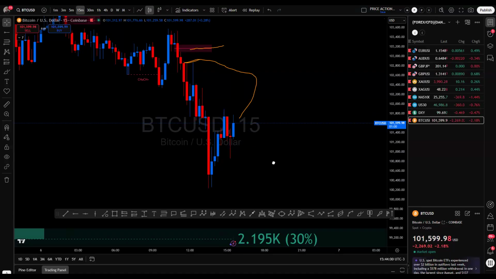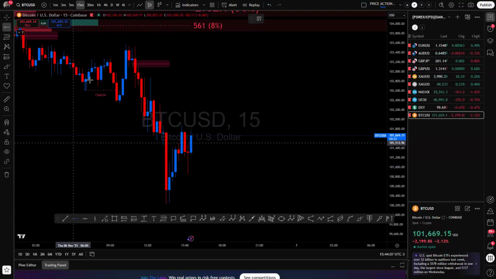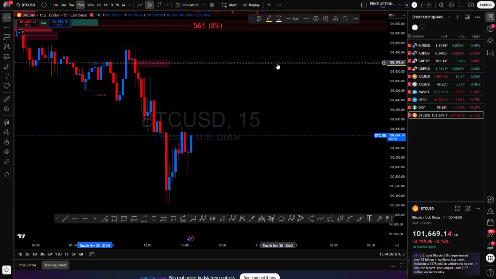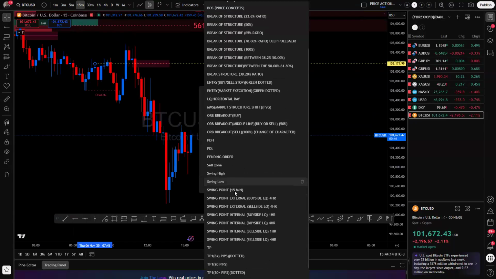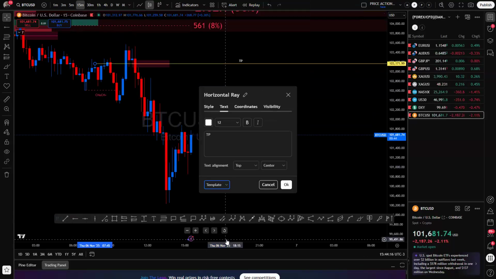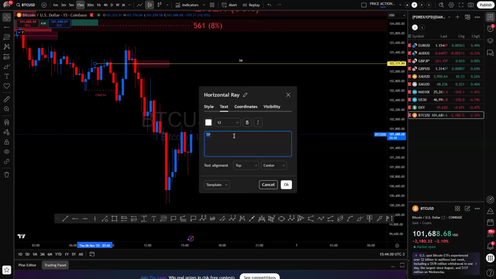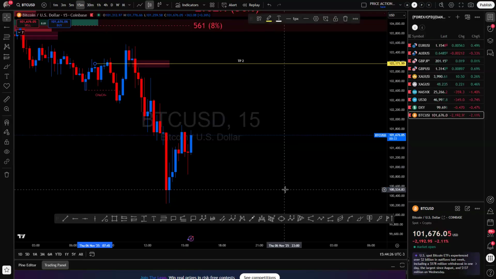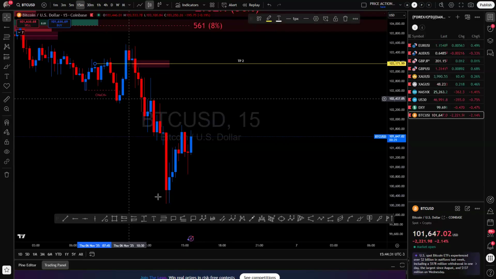So what I want to do is take this 15-minute fair value gap and make this the TP. I might make this TP2. And then I'll make this next high here TP1.